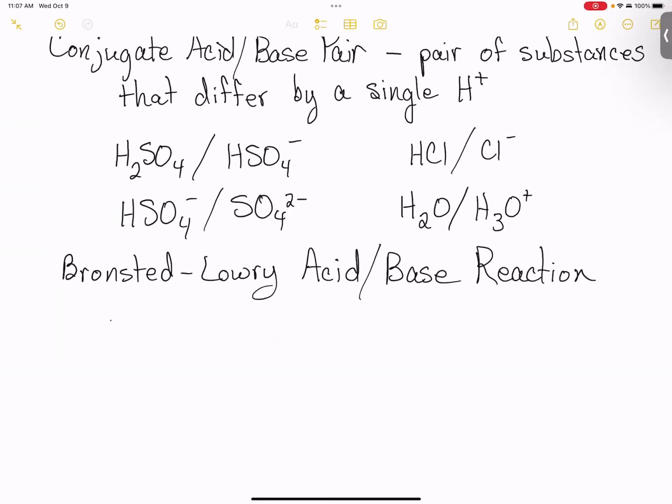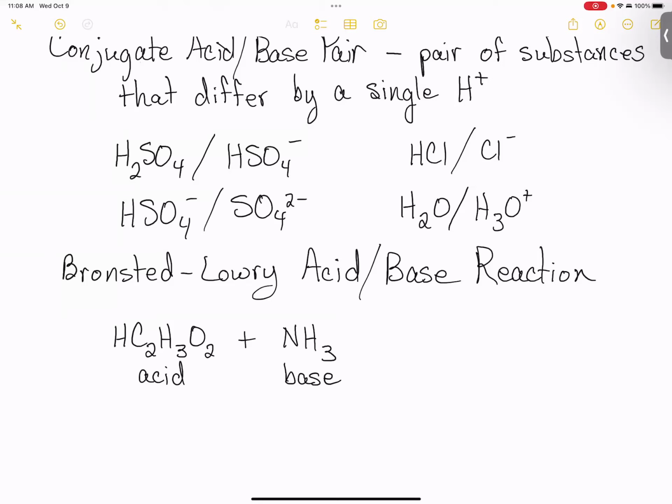Let's take acetic acid and ammonia. In this problem, the acetic acid is an acid. The ammonia is a base.